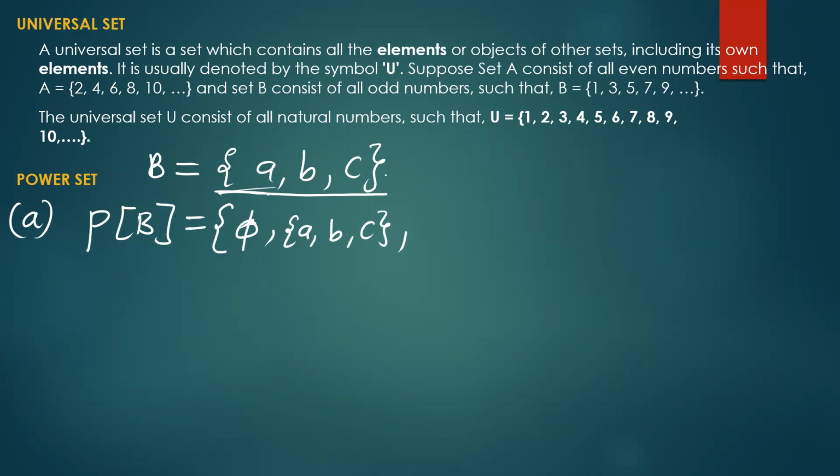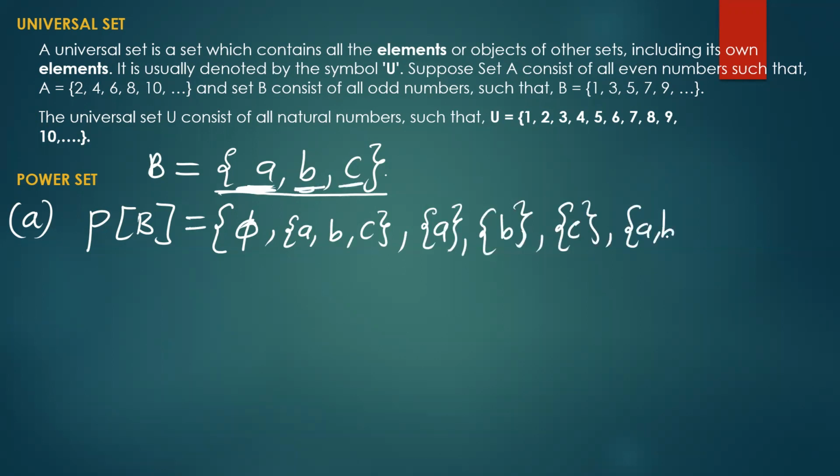And then the other set is a set that only contains A. The other set is the set that only contains B. The other set is a set that only contains C. And then the other set is a set that will contain A and B. Then the other set is a set that will contain A and C. And then the other set is the set that will contain what? B and C.